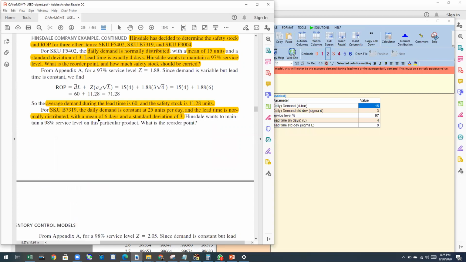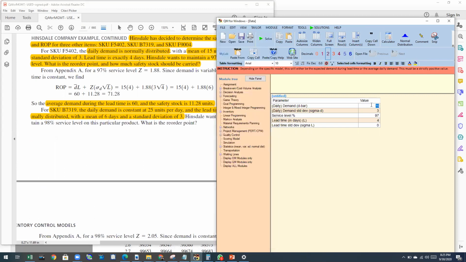Let's look at the problem here. For SKU B7319, the daily demand is constant at 25. So this one is 25. Because it's constant, it does not have any standard deviation. So there's no standard deviation for demand.